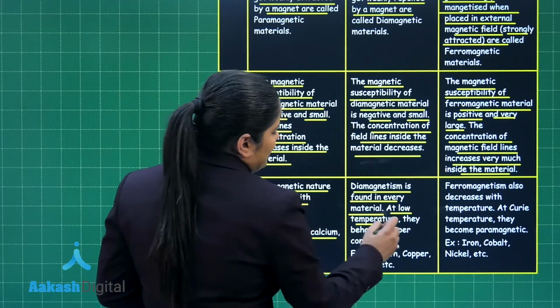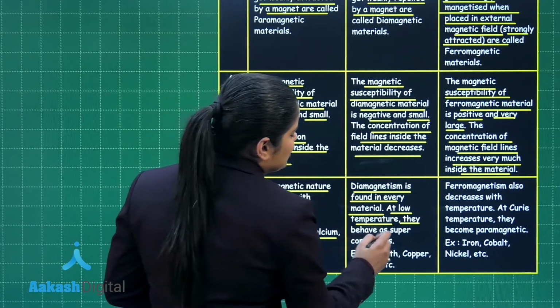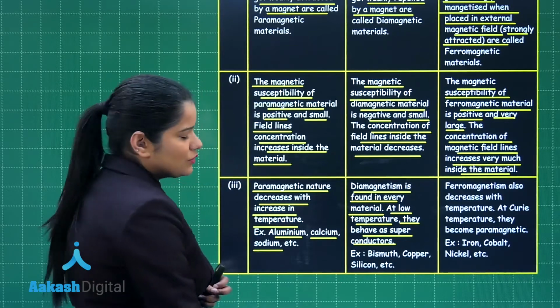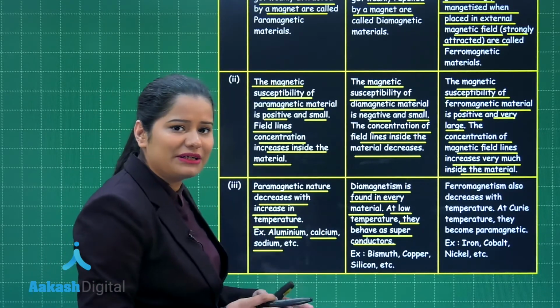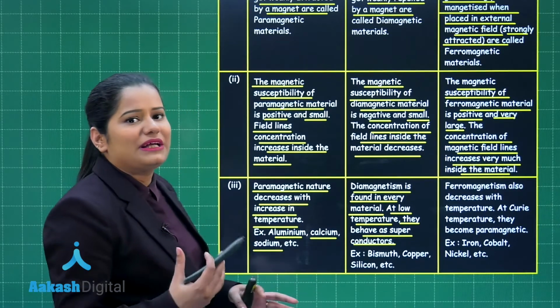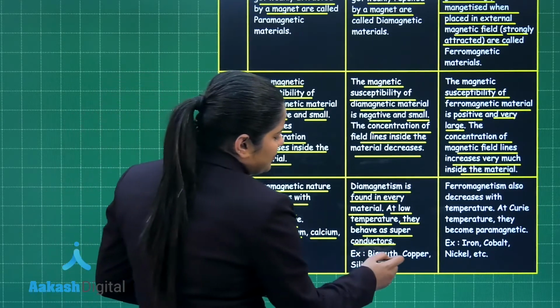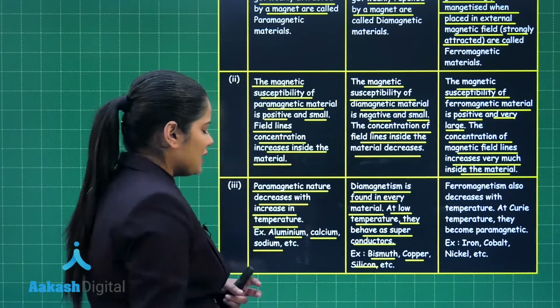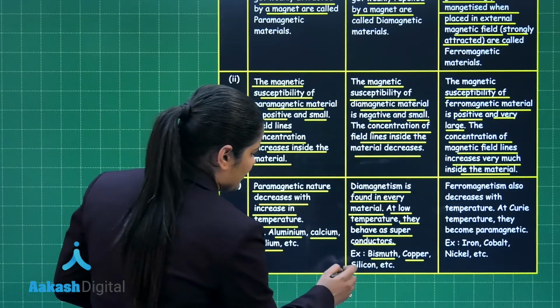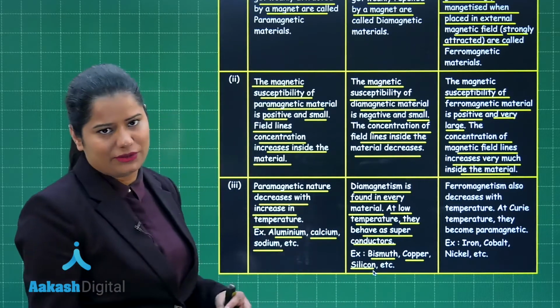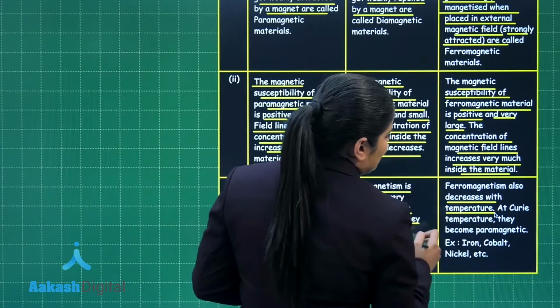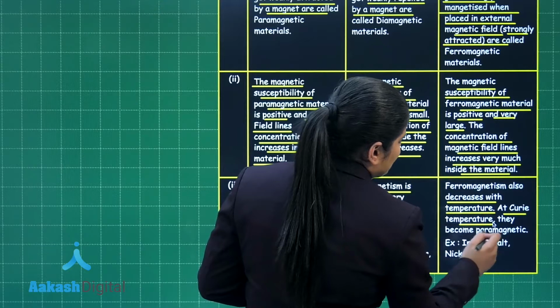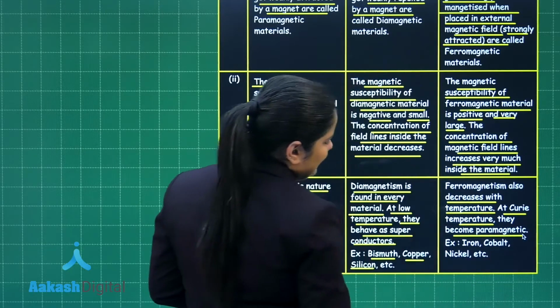At low temperature they behave as superconductors. So this is about the temperature dependence of the diamagnetic material. Bismuth, copper and silicon are examples of diamagnetic material. Now, ferromagnetism also decreases with temperature. At Curie temperature they become paramagnetic.